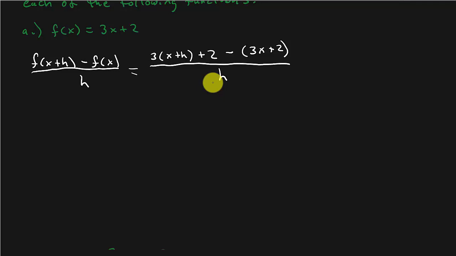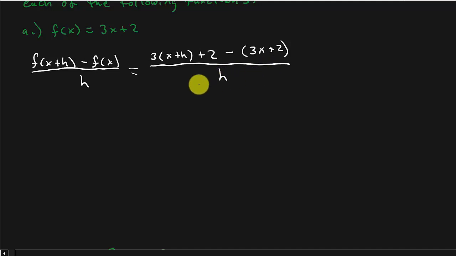If you have to take any more math classes like calculus, you're going to see this again. This is going to be one of the first things you do in calculus. And what happens in calculus is we're going to plug 0 in for h. I'm not going to get into the details of it, but you know if you have 0 in the denominator of a fraction, it's undefined.